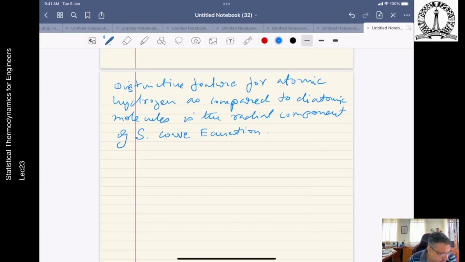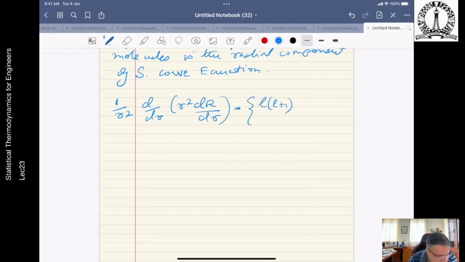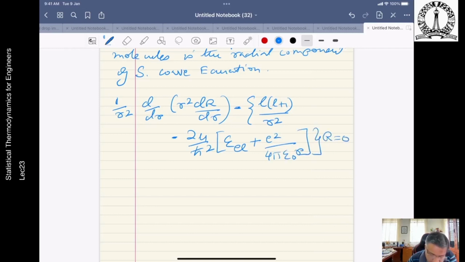So what was that? It is d by dr of r squared dR by dr, minus l into l plus 1 divided by r squared, minus 2 mu by h bar squared times the electronic energy plus e squared over 4 pi epsilon r, times R, is equal to 0.